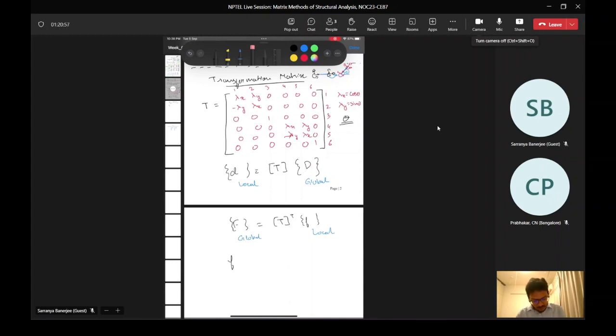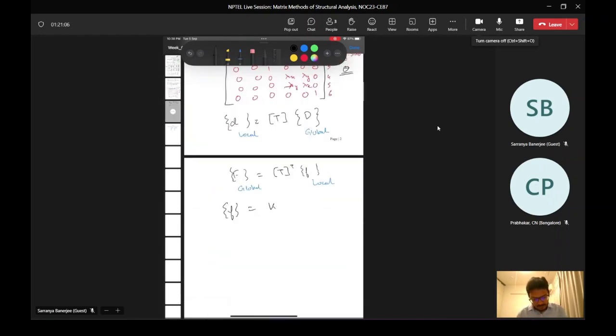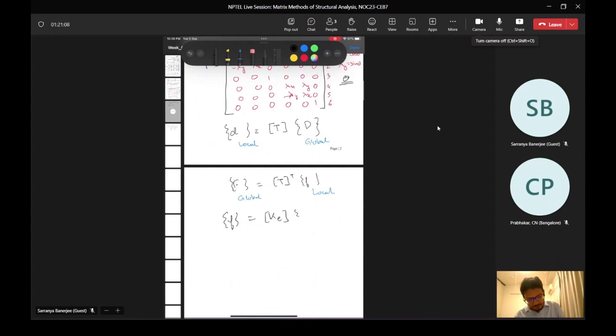Now we already know that F equals Ke, what we wrote as Ke into D. If we put the value of D and the value of F, we get F equals T transpose Ke T into D. I think this is pretty much known, so not much discussion is required.